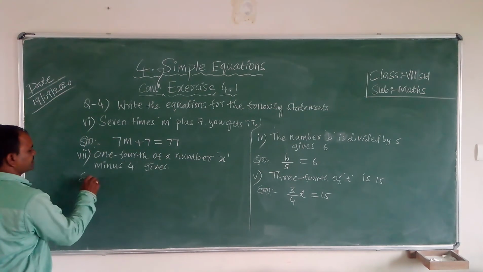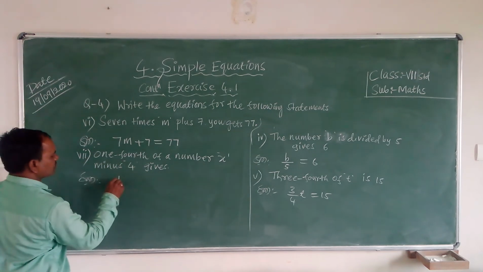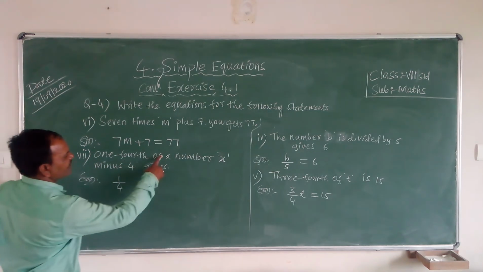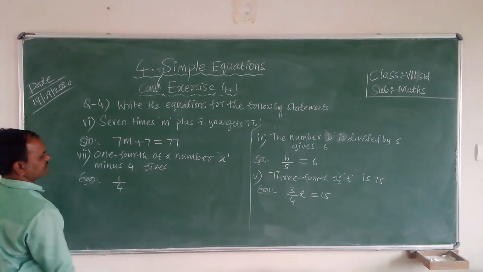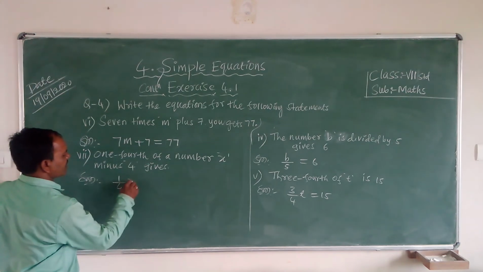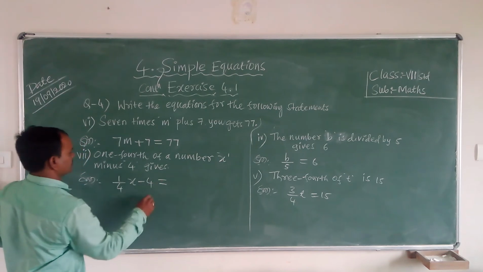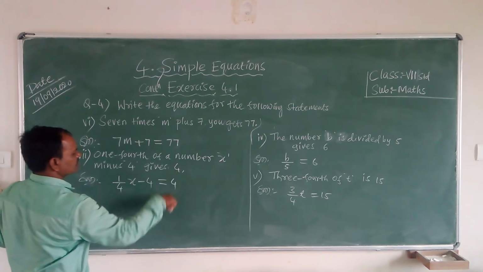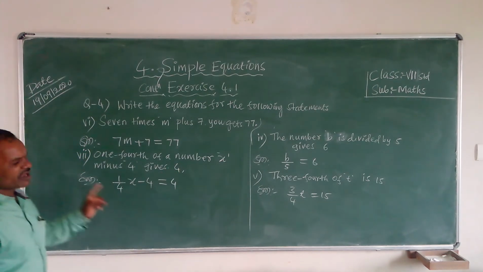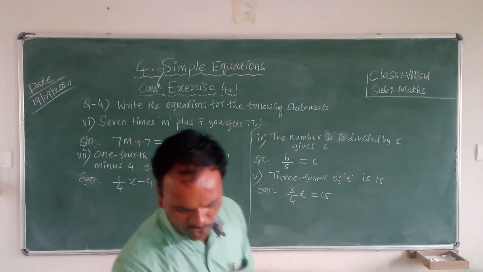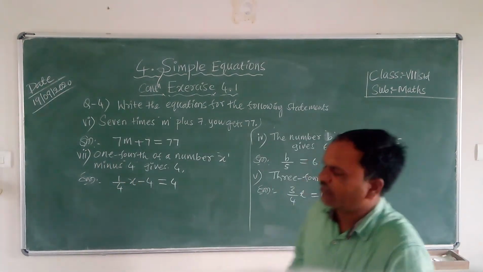My dear students, 1/4 of a number x minus 4 gives 4. So 1/4 x minus 4 is equal to 4.